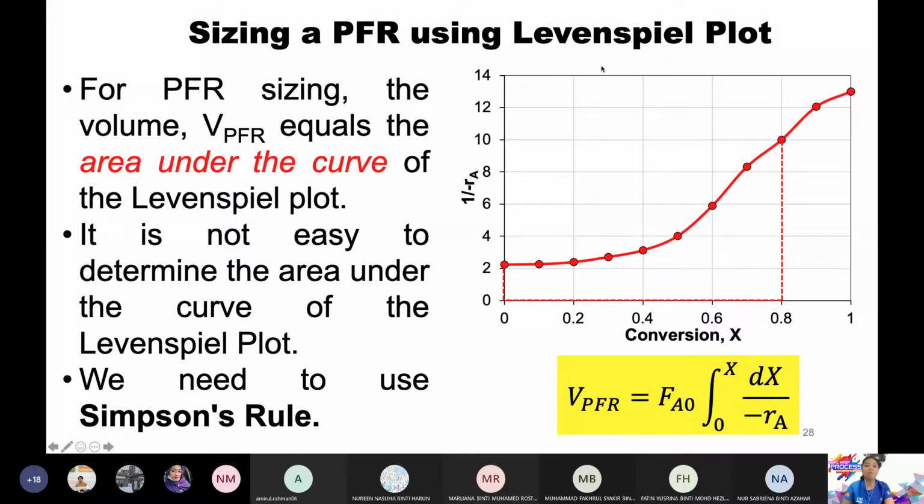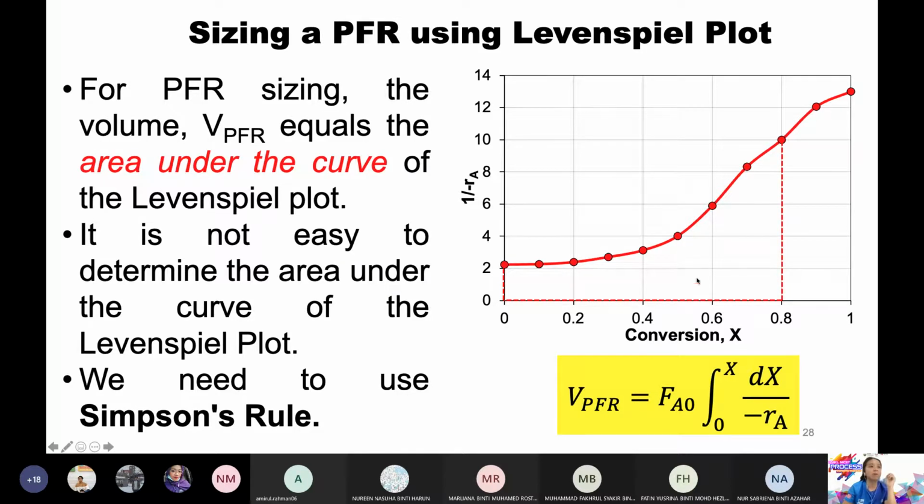Okay, for CSTR, just now I told you, the volume is equal to the area above and below the curve kalau CSTR. However, for PFR, the volume of the reactor is actually equal to only area under the curve.